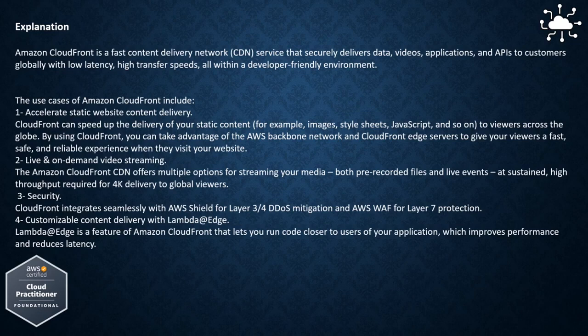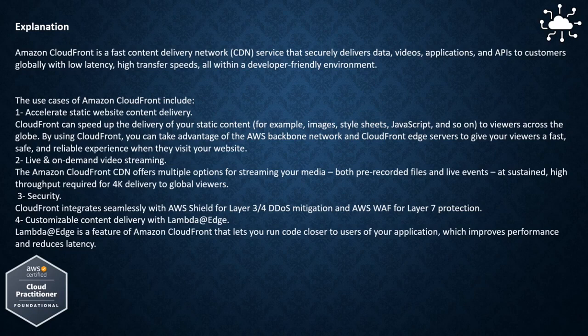Accelerate static website content delivery. CloudFront can speed up the delivery of your static content, for example, images, style sheets, JavaScript, and so on, to viewers across the globe. By using CloudFront, you can take advantage of the AWS backbone network and CloudFront edge servers to give your viewers a fast, safe, and reliable experience when they visit your website.